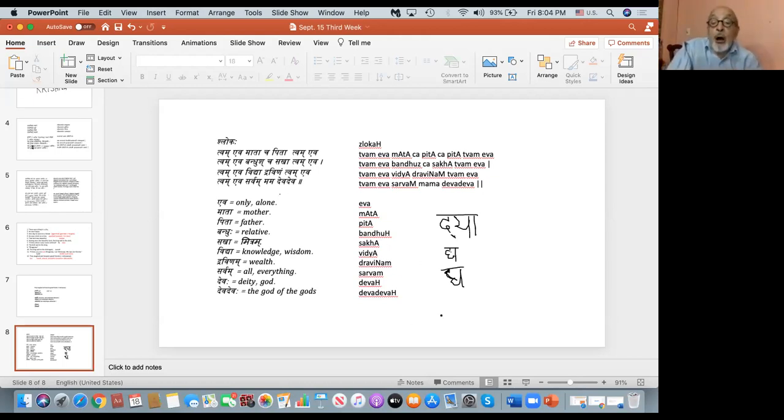See, the da is written like this, and then you put R here. Remember, in prasanna, R goes like this. Here too, this is the da and this is R, dra.